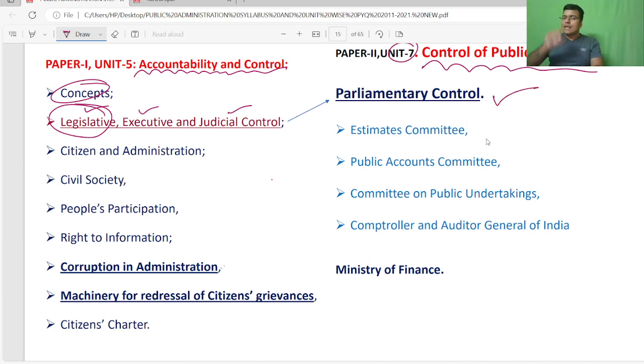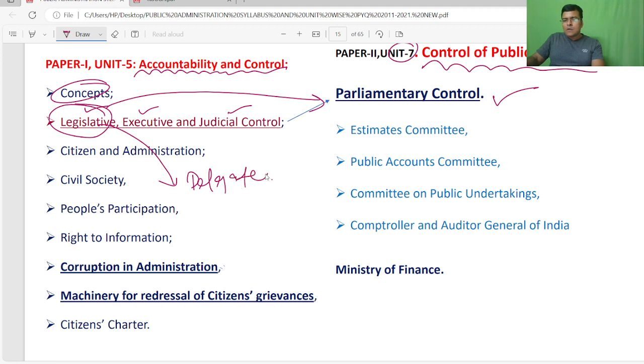So same thing, legislative control is reinterpreted in parliamentary control over administration. Getting it? Again, legislative control is reinterpreted where? In the next unit, 4D, delegated legislation.